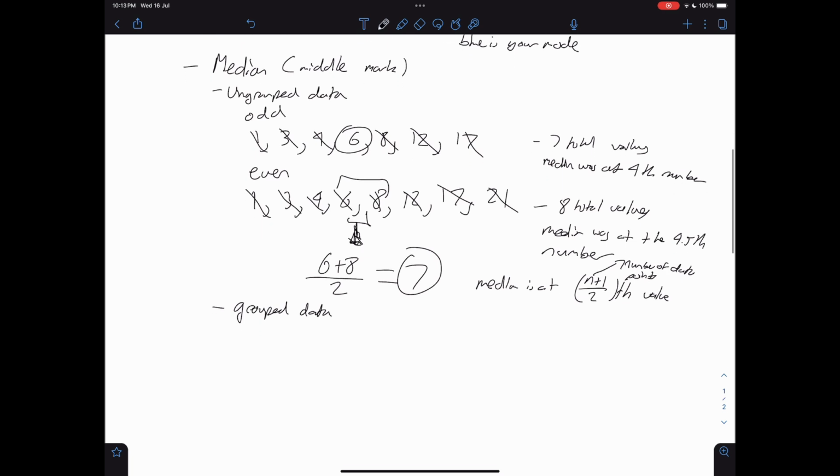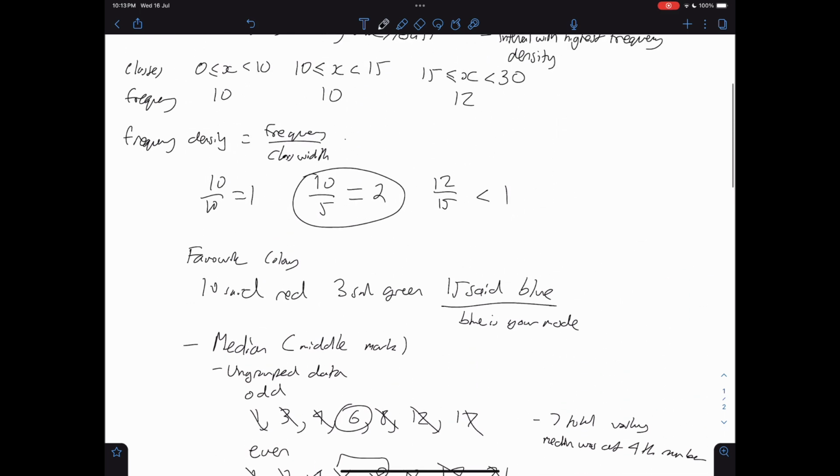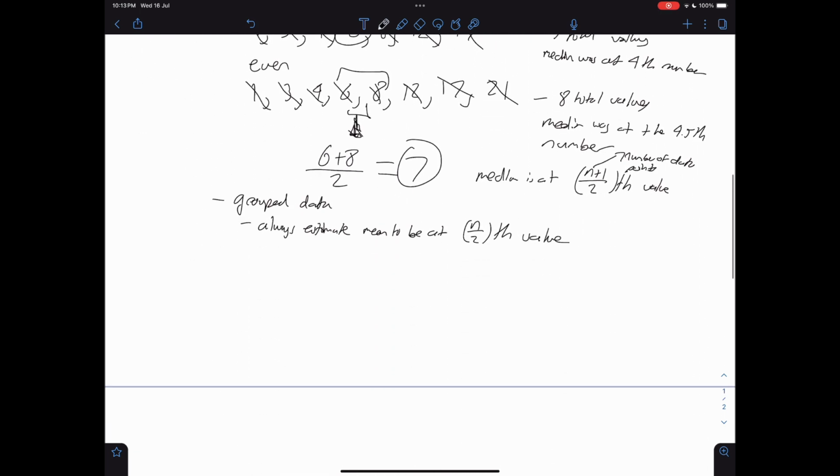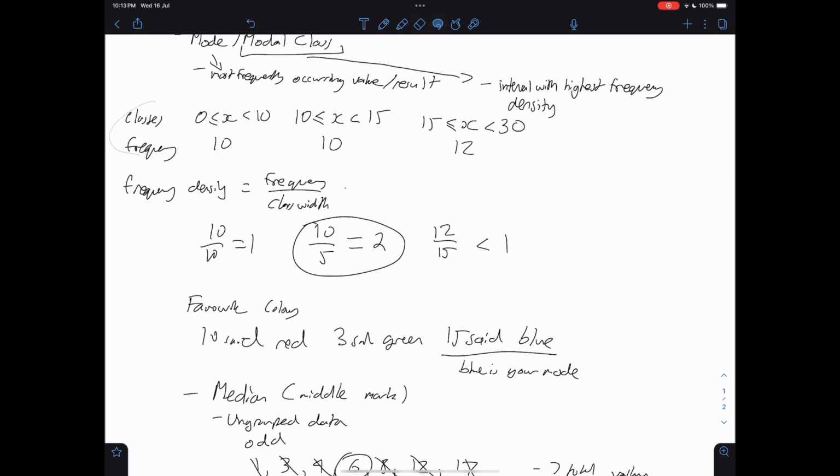But for grouped data, always estimate the median to be at the n over 2th value. So say we had this one up here.